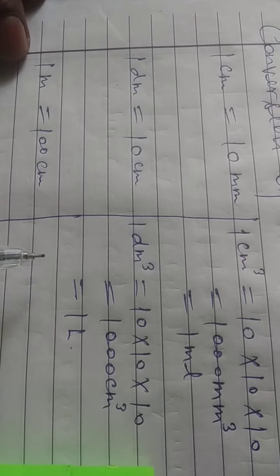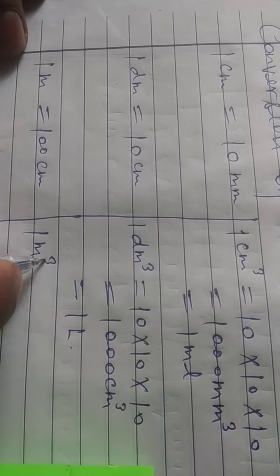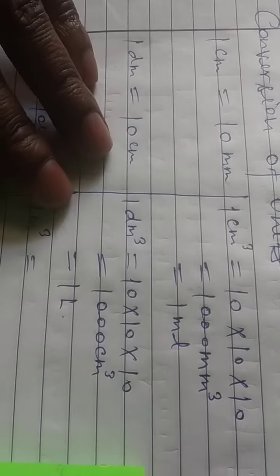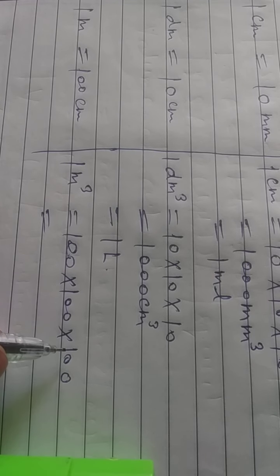If we convert this into volume units, 1 meter cube is equal to 100 into 100 into 100 centimeter cube, because 1 meter is equal to 100 centimeter.